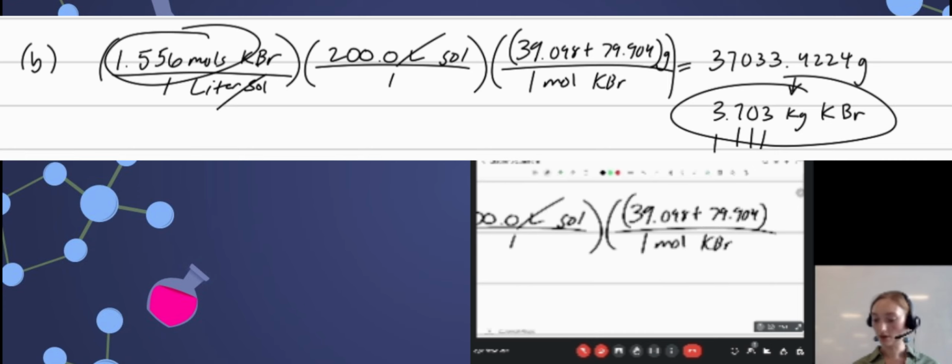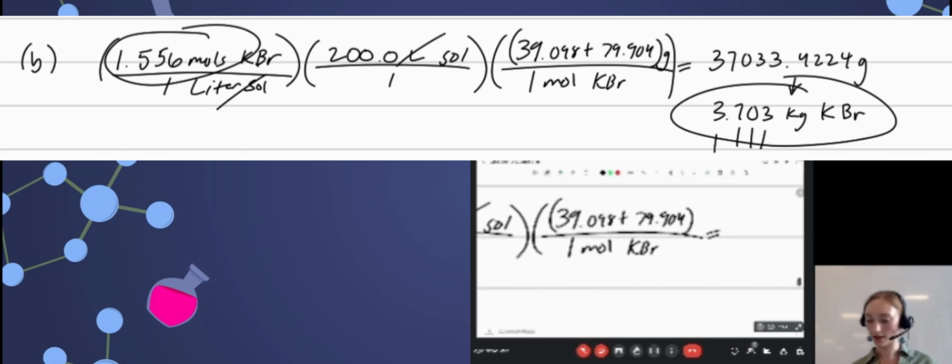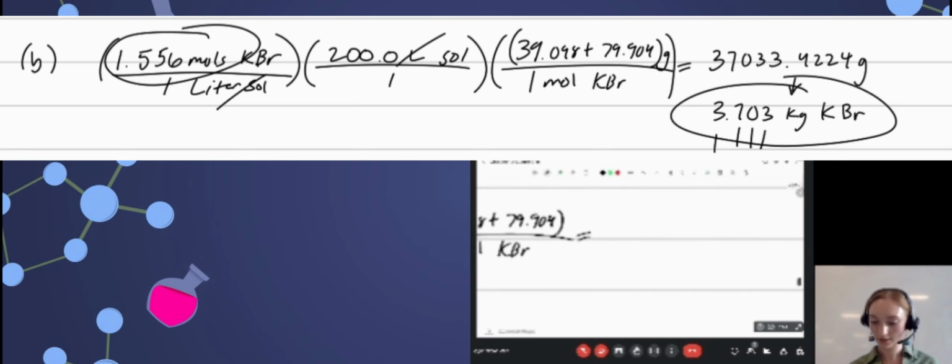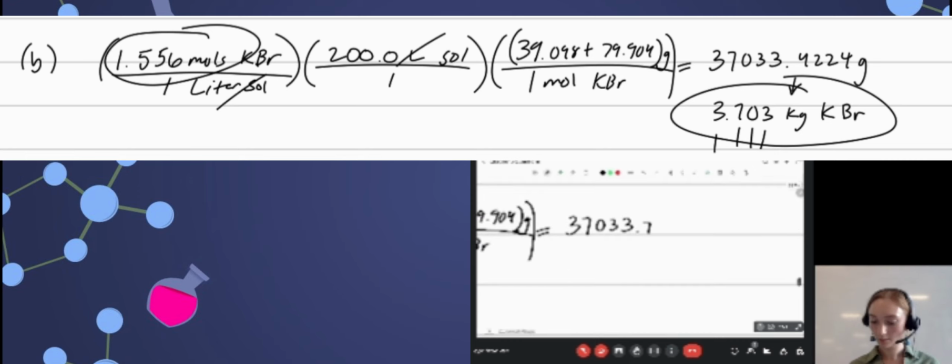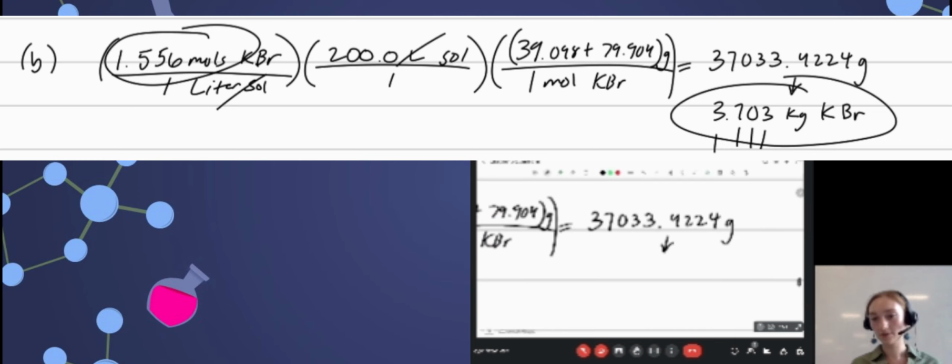And multiplying all of these out, we will get an answer of 37033.4224, and this is grams, by the way. And so since we're working with such a large number here, we're going to convert it to kilograms, or you can leave it in grams. Just ask your teacher, whichever they prefer.